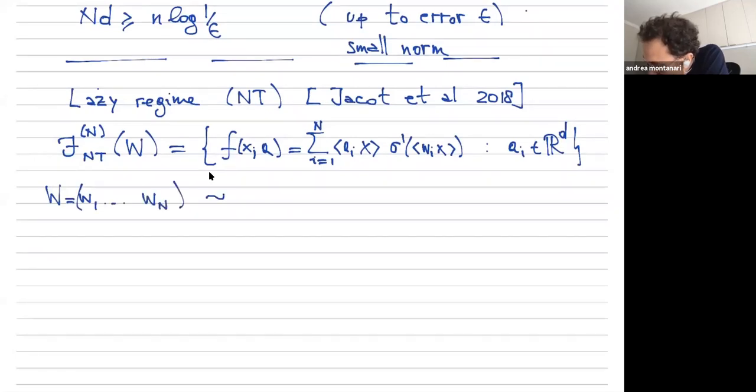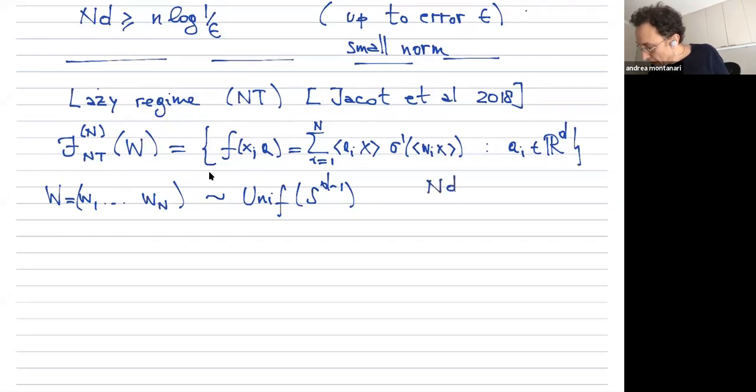These are fixed, and throughout the talk they will be uniform on the unit sphere in dimension d. So this is another class of functions, parameterized by n times d parameters, namely all of these vectors a_i, and the w_i are fixed and not fit to the data. The nice thing about this class of functions, of course, is that it is linear.